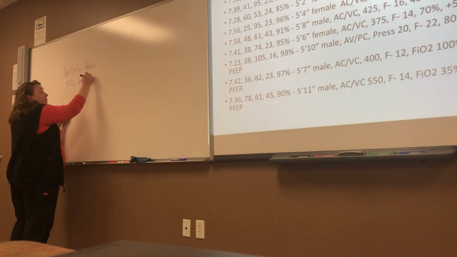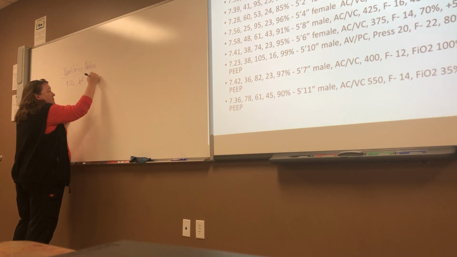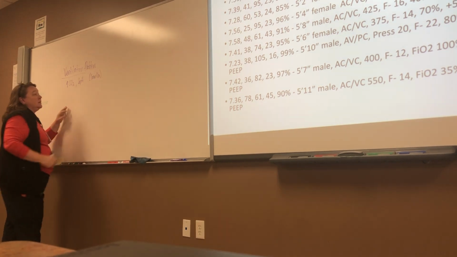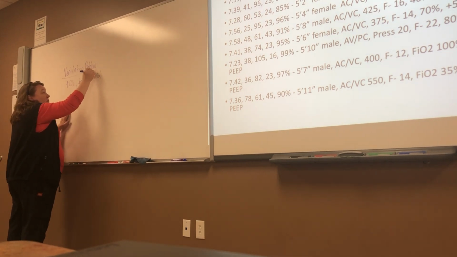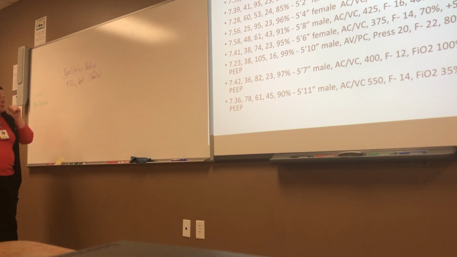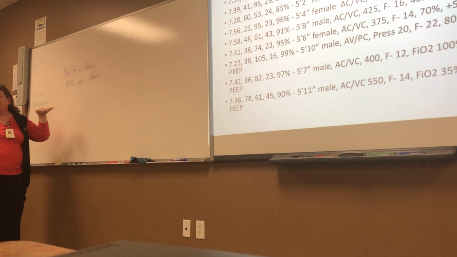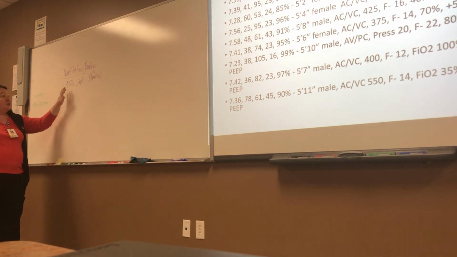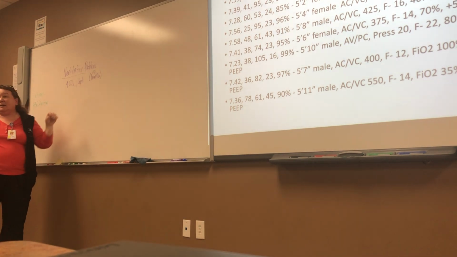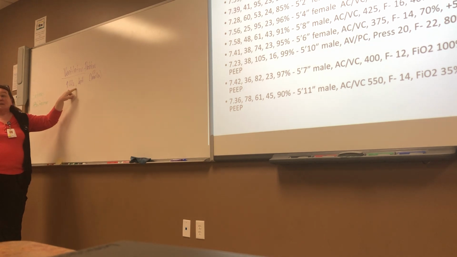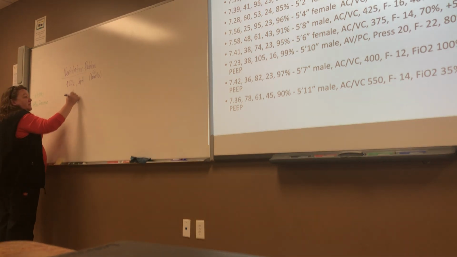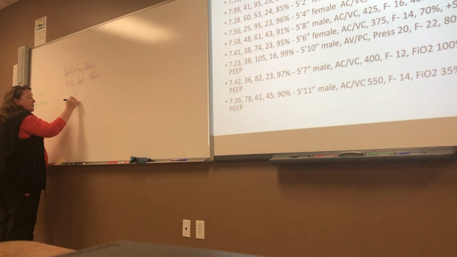This will be accompanied by a low oxygen, unless we have them so over-oxygenated, but then that's our problem. Generally, if you're not ventilating, you're not oxygenating. So ventilation is the primary problem, and it's what you have to fix.